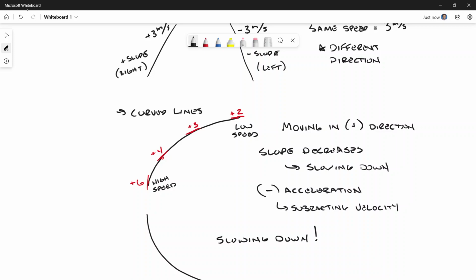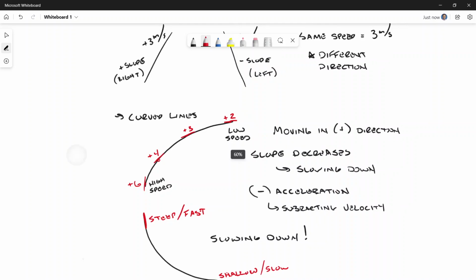And the way we know that is it goes from steep, which means fast, to a slope later that is shallow. Shallow would be slow, right? So we're looking at the amount of slope at these given points, right?